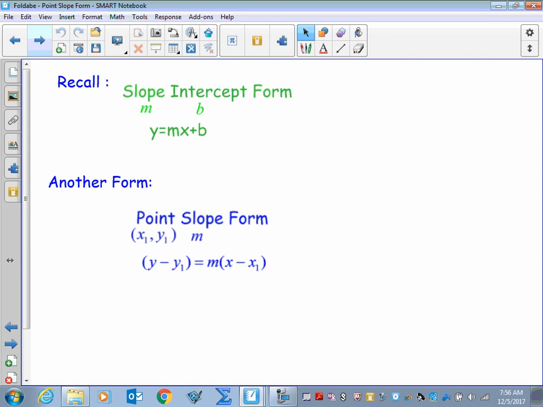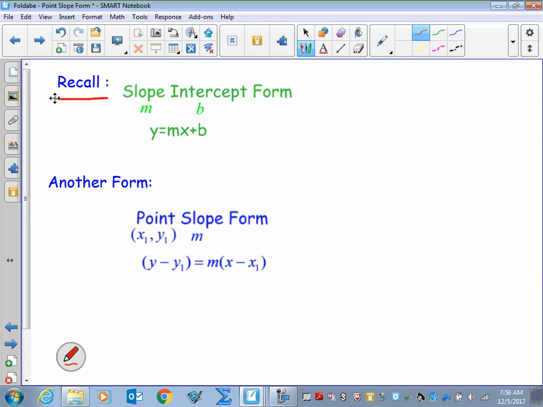Like for instance, if we recall, we have slope-intercept form, which means you need to know the slope and the intercept. So when we get this new word, which is called point-slope form, then that means we need to know a point and a slope. So the word kind of helps you to know what information you need to get it to that particular form.